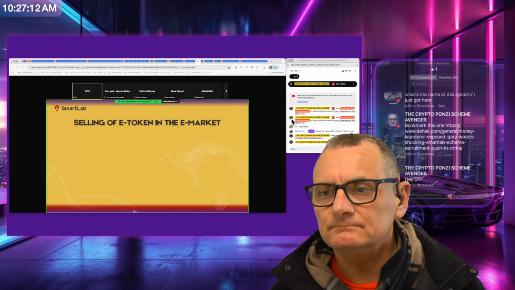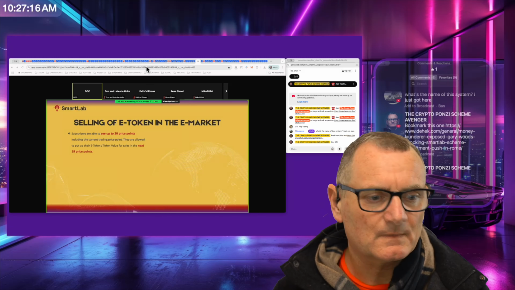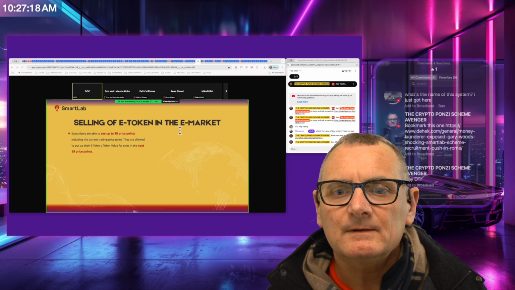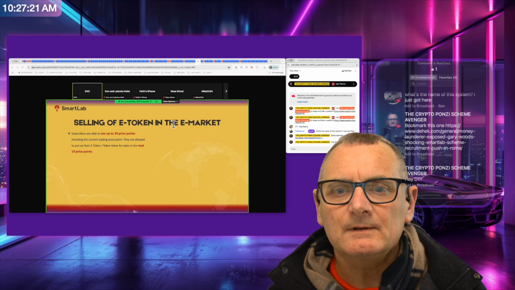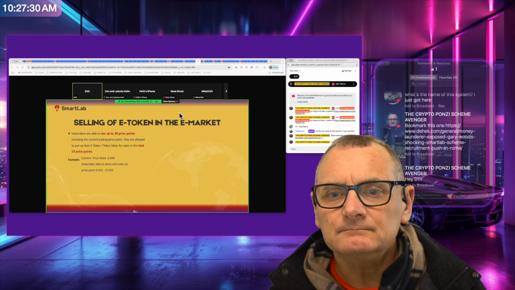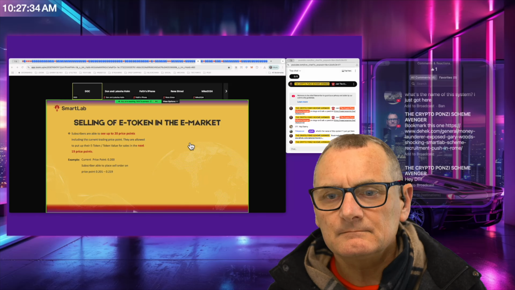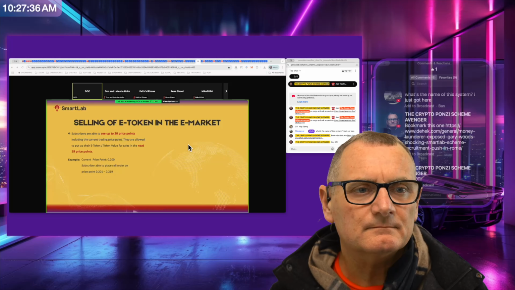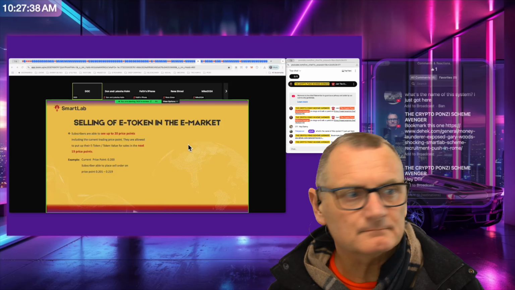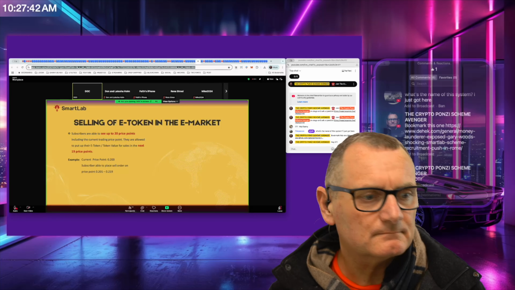Now, how do we sell off the e-tokens in the e-market and translate that into actual value? Subscribers are able to see up to 20 price in the current trading price point. They're allowed to put their e-token value for sales in the next 19 price points. So you can see 19 price points when you log into your back office. Assuming the current price point is 0.2, subscribers able to put a sell order anywhere from 0.201 to 0.219. That's 19 different price points.